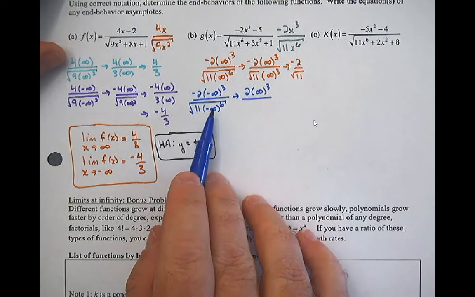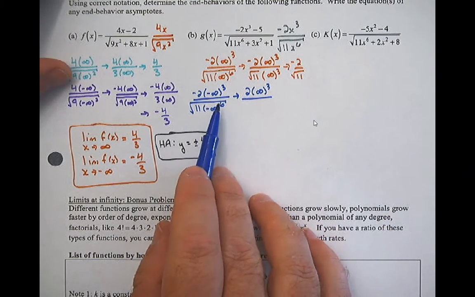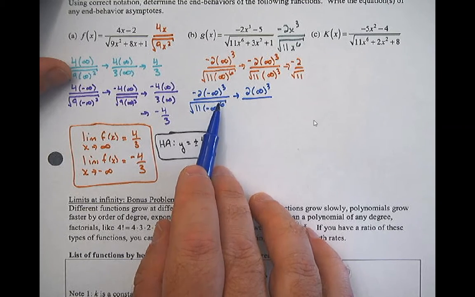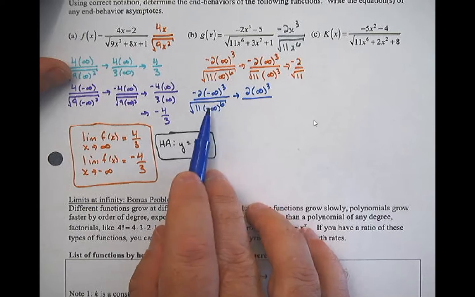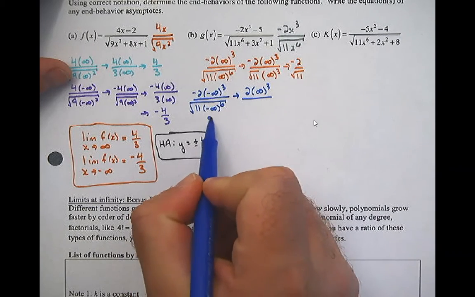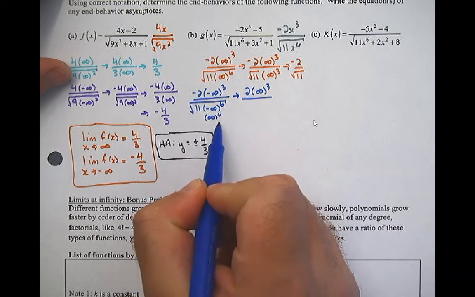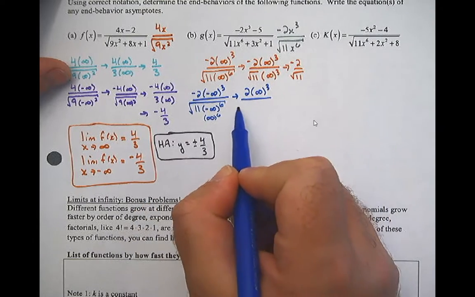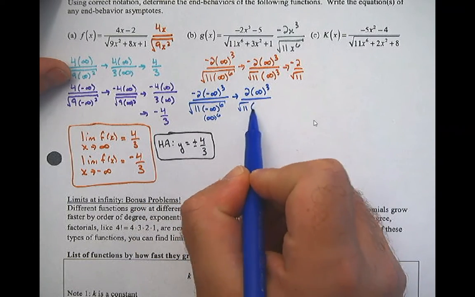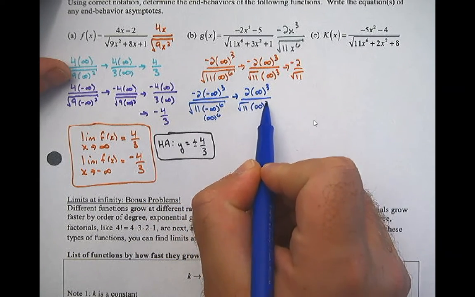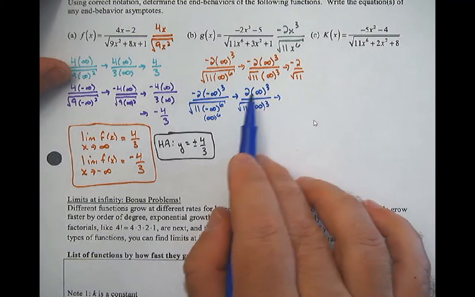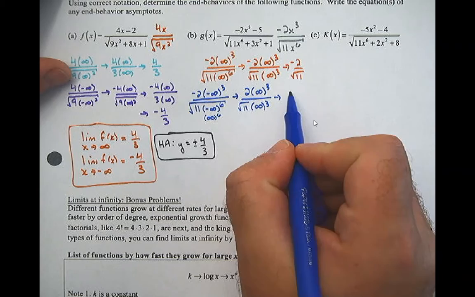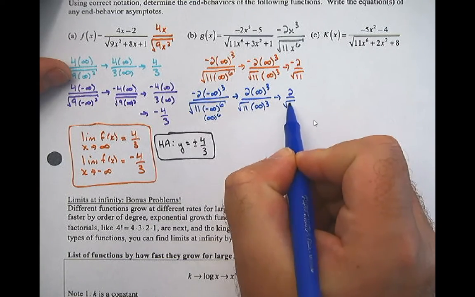You have to apply the negative to the 6th first. So that's going to make this thing overall positive infinity to the 6th. But then I'm going to square root that, so I get root 11 times infinity to the third. Okay, so it's a tie. Infinity to the third and infinity to the third leaves me with 2 over root 11.